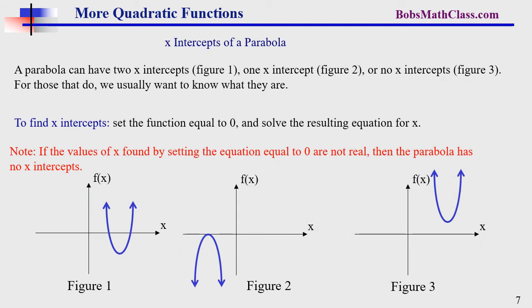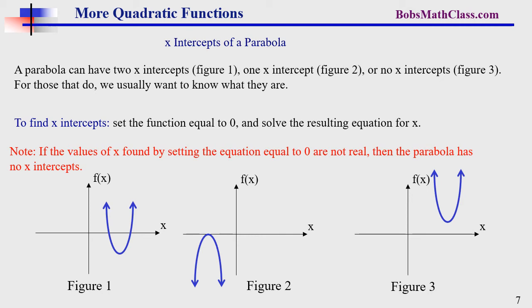Okay, here's our next topic in this video. We're going to talk about x-intercepts. X-intercepts means where does it cross the x-axis, if it does cross the x-axis. So here I have three figures, figure 1, figure 2, and figure 3.